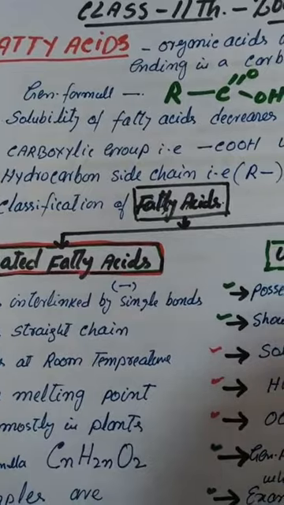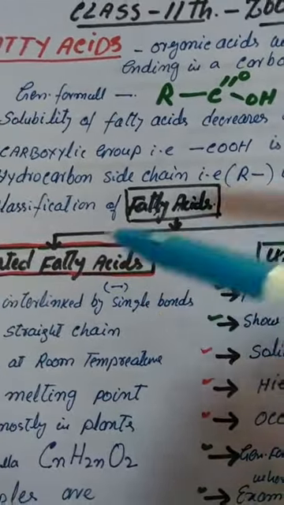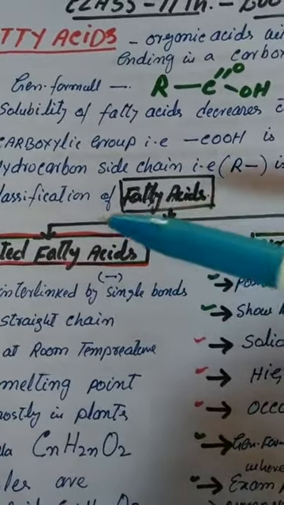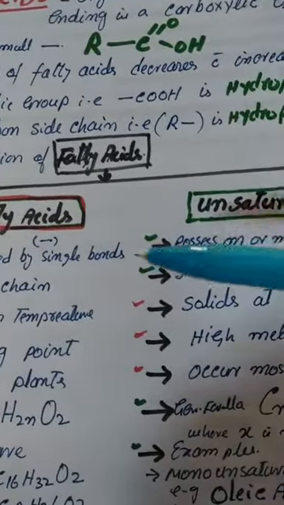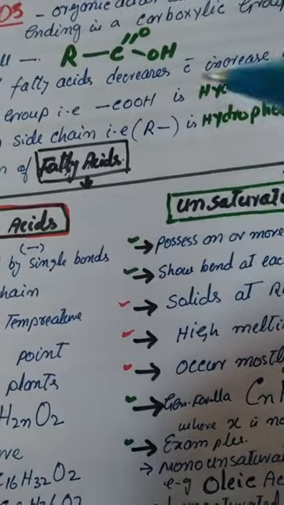Another difference is that these saturated fatty acids mostly occur in animals. And animal fat is usually composed of saturated fatty acids, while these unsaturated fatty acids occur mostly in plants.